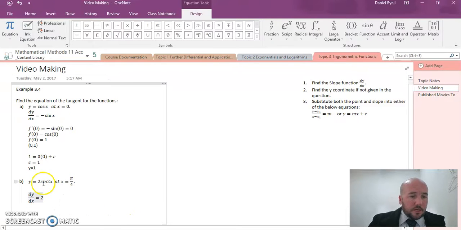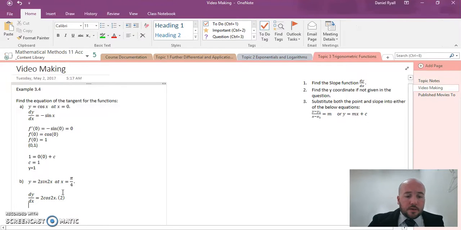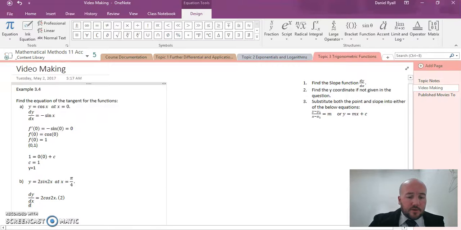The chain rule gives us the derivative of sine is cosine of 2x, and then we will multiply that by the derivative of the function, so times by 2. Again, simplifying, dy on dx is going to equal 4 cosine of 2x.